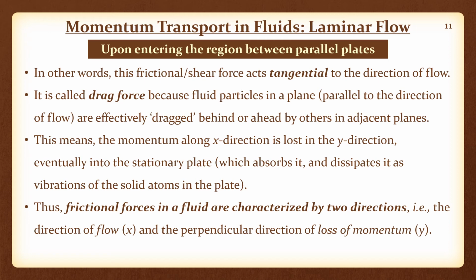You are familiar with vectors, but now we are encountering, probably for the first time in an explicit manner, forces which are characterized not by one direction but by two directions. One is the direction of flow and the other is the perpendicular direction of loss of momentum. So the x momentum, which is the momentum associated with the direction of flow, is lost in the y direction, in the perpendicular y direction.